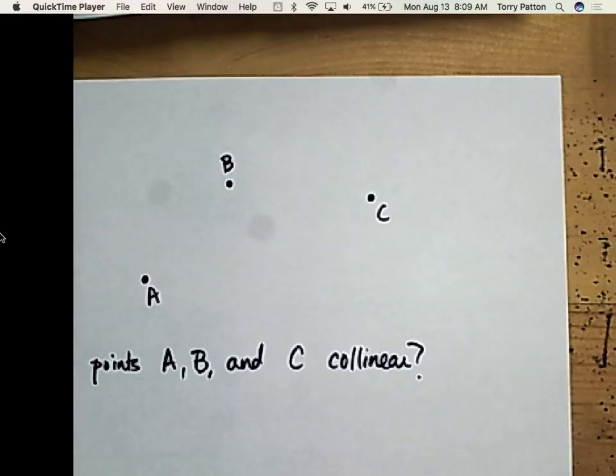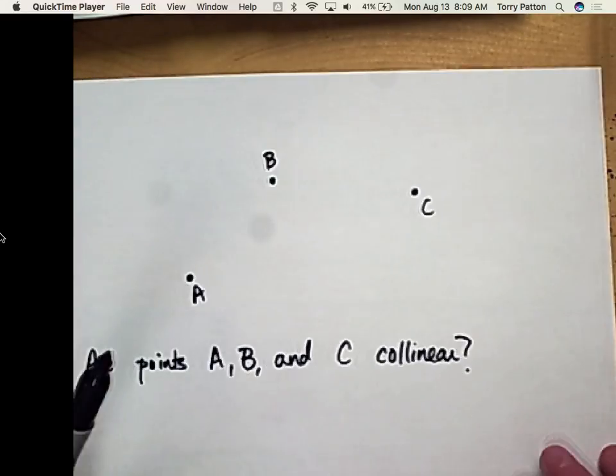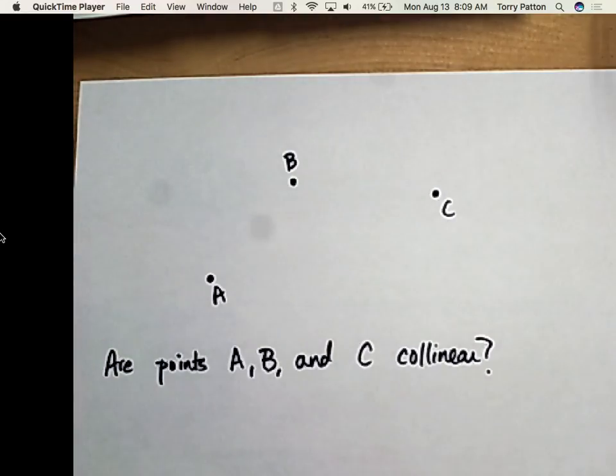Would you say yes or no? Why would you say no, Jesse? I think you're right. You're just one word's a little wrong in how you explained it. Anybody else know? I know you're right. They are not collinear.